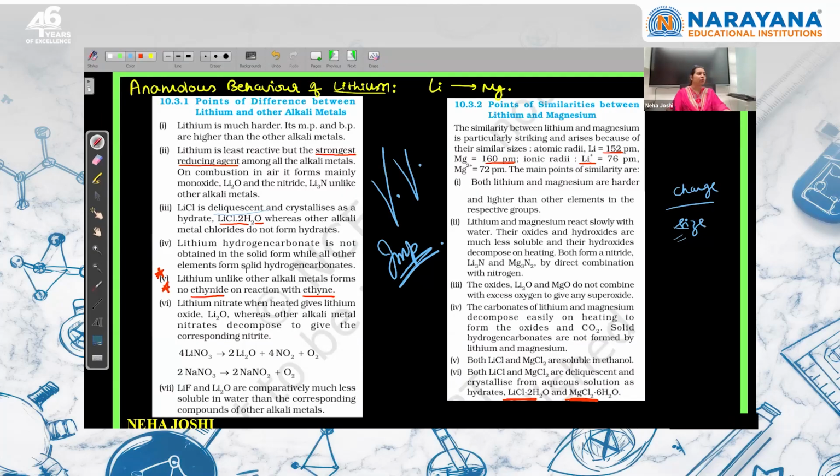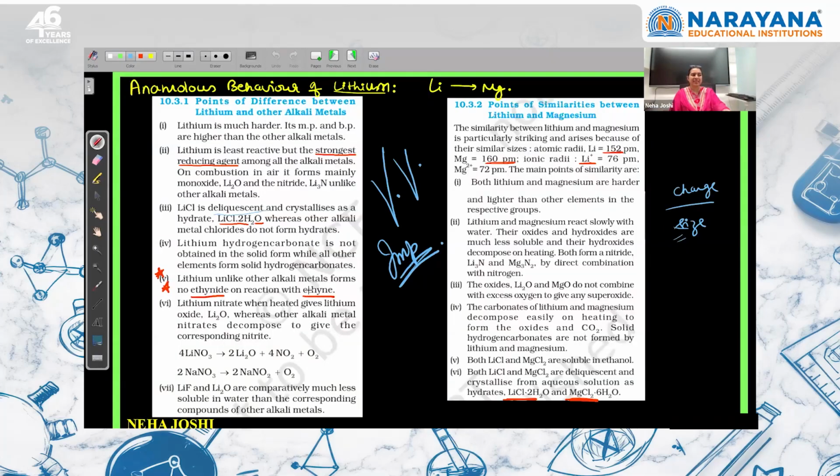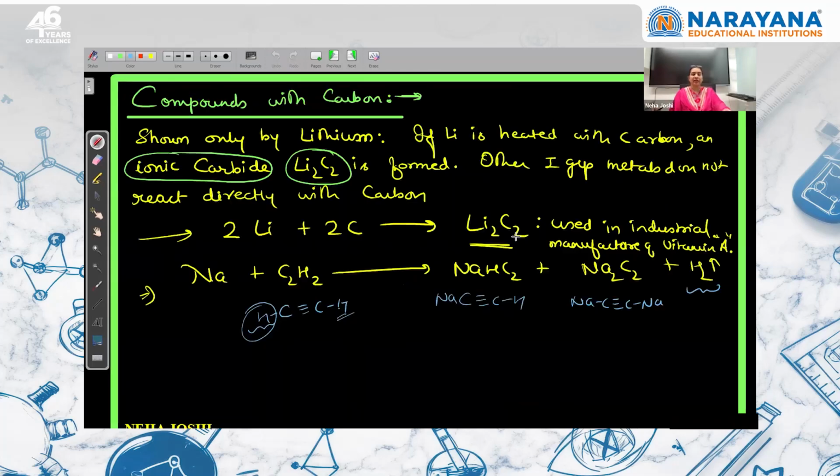Lithium hydrogen carbonate is not found in solid state. It is found only in solutions. Unlike other alkali metals, it does not form ethynide. The one here, this is ethynide. It does not form ethynide. It forms carbide of formula Li2C2.